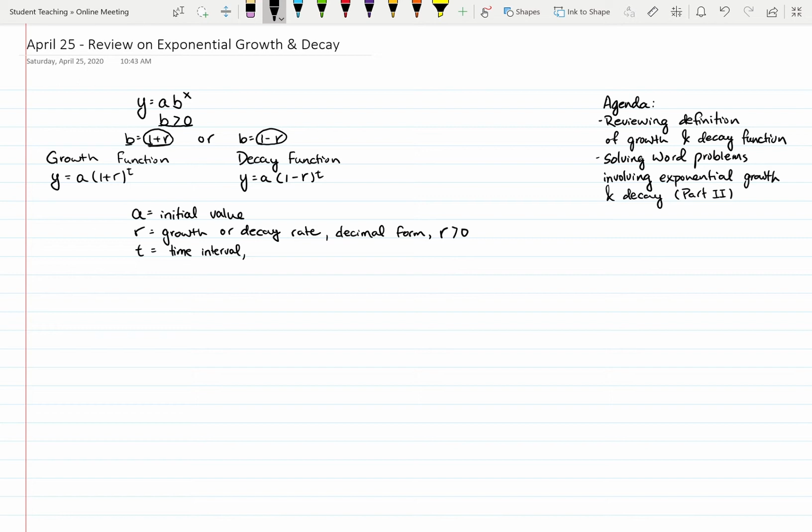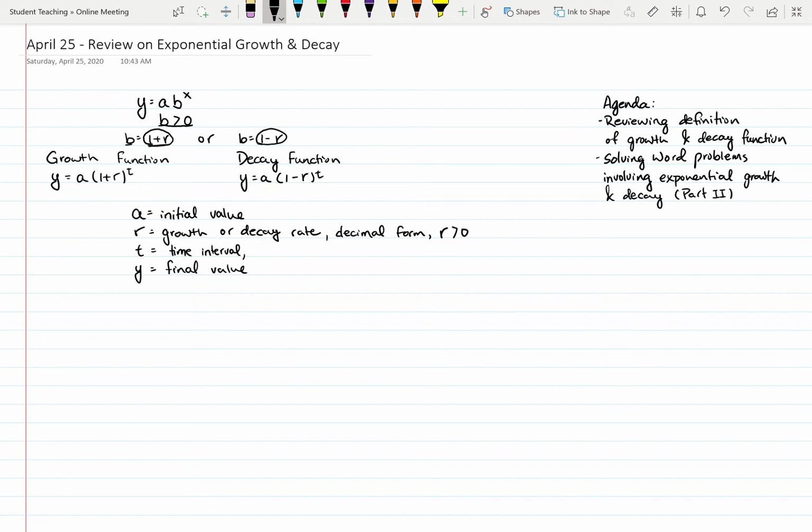Depending on the problem, you need to identify the unit for time. Sometimes you may need to convert from one unit to another, for example, hours to days. Next, y is your final value. And that is all we need to know about the exponential growth and decay functions.